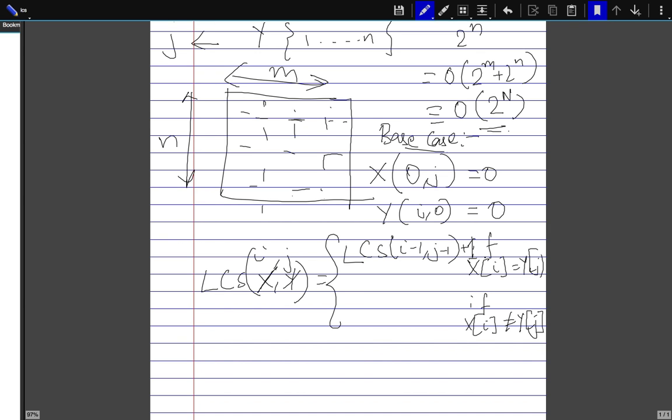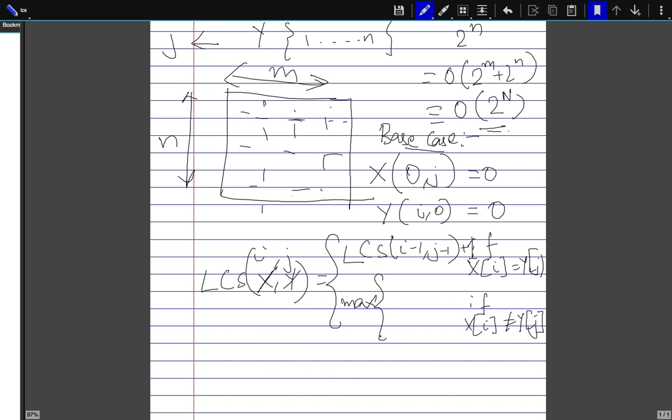So we go back a step in both the strings, and we do the same thing for the rest of it. But what if we don't find a match? Then there could be two possibilities here. Since we are computing the longest common subsequence, we want to take the longest possibility, or the largest possibility, which mathematically means a max.